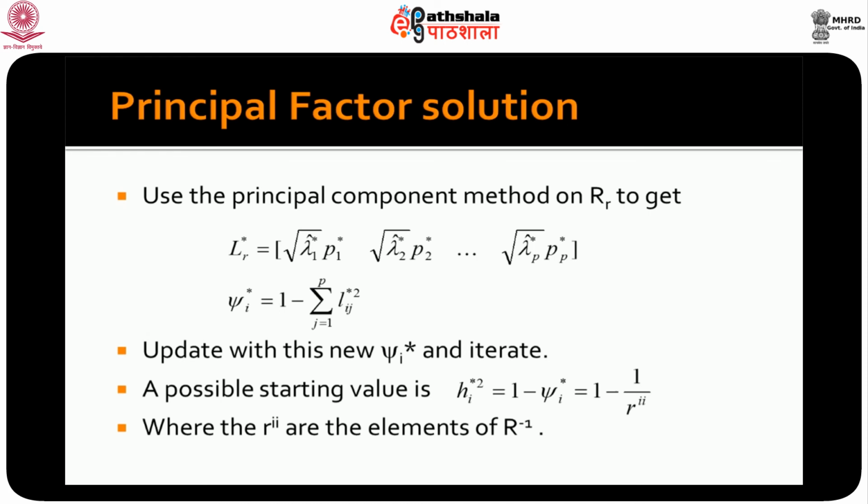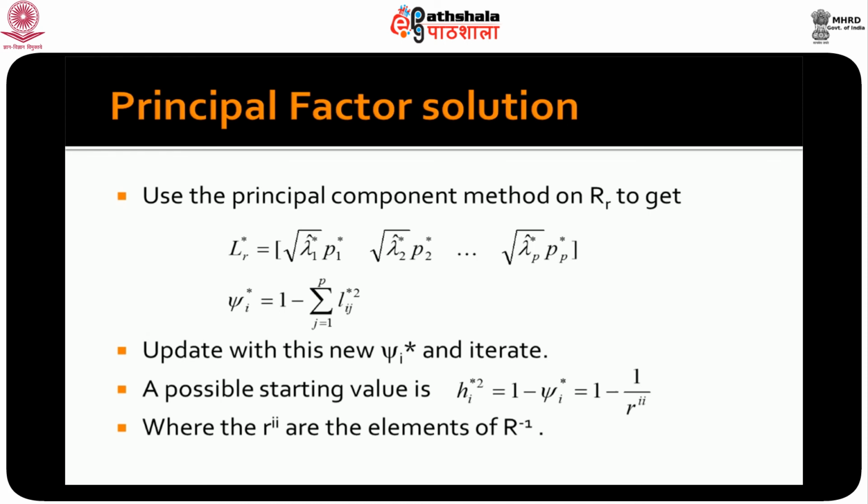We can now again compute the communalities from here, get the new communalities, substitute them in the previous model, and then iterate. So you can do an iteration sort of method, which is similar to what we have done before, but some people prefer to work with this method rather than doing it directly from the principal component itself.